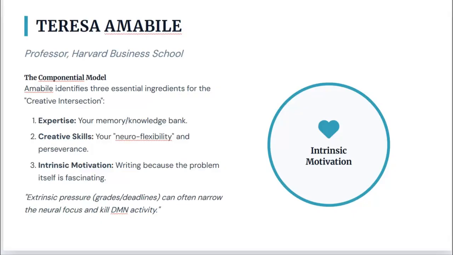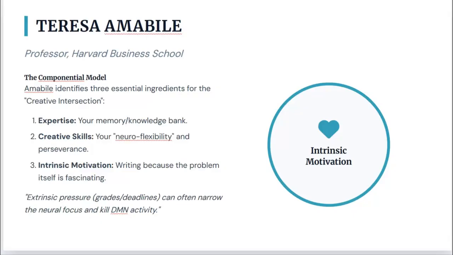First is expertise, and that's your memory or knowledge bank. Second, creative skills, your neuroflexibility. I was going to say flexicity, bringing together plasticity and flexibility. Neuroflexicity. No, and perseverance. Perseverance is really important.